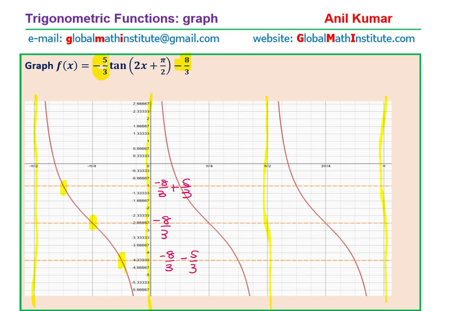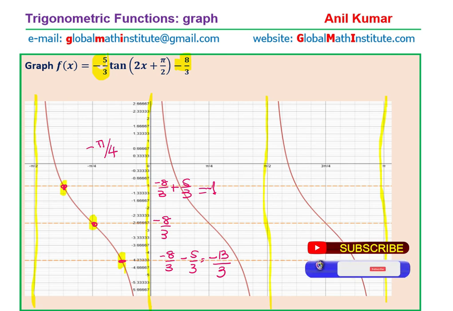You get the idea, right? Very easy calculations. And this is minus 1, and that one is minus 13 by 3, correct? So you get these three very easy points if you do simple calculations. Once you get the vertical asymptotes, the midpoint, which in this case will be minus pi by 4, becomes kind of the center axis of symmetry for this cotangent graph, always decreasing.